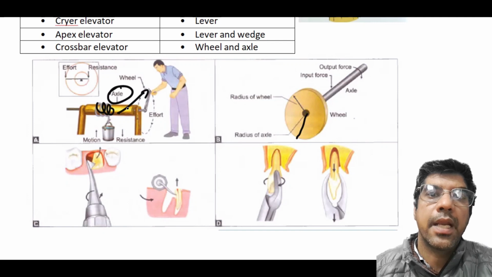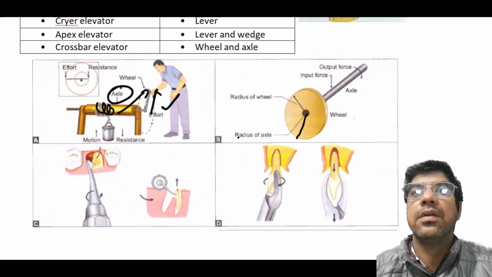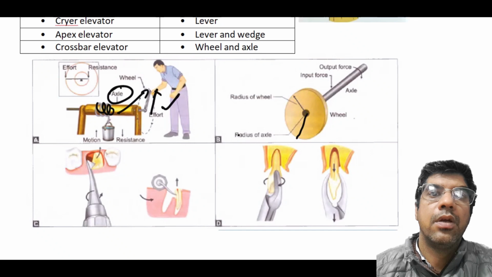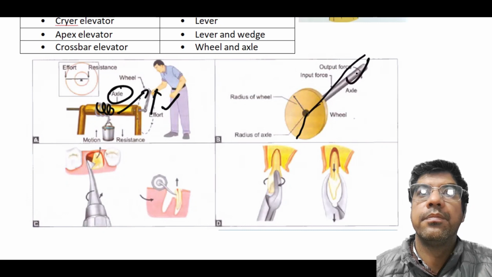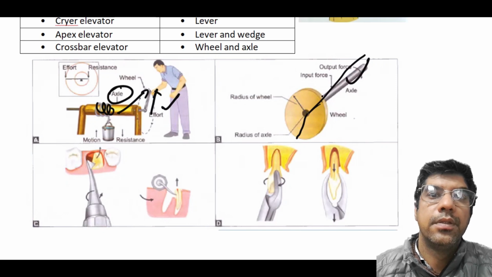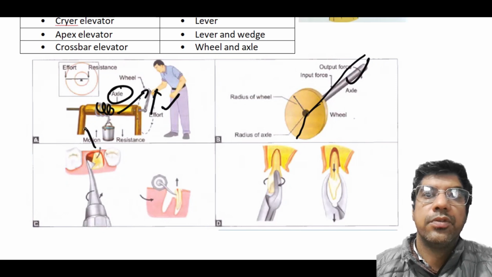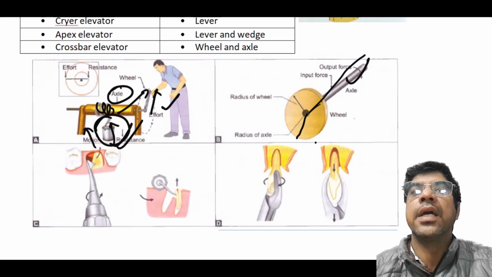Picture a crank handle on the side of the wheel where you apply a light force to turn the crank. It creates a torque around the axle, the central fulcrum. This force is helpful in lifting the object.